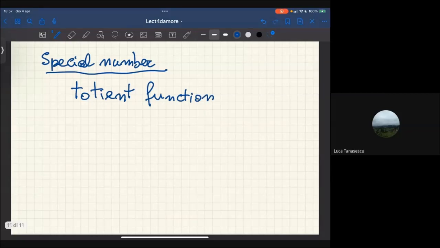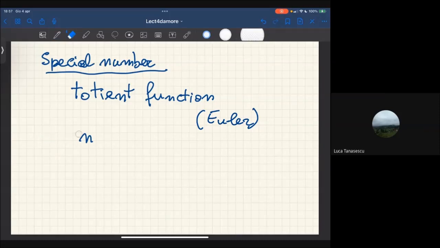It was invented by Euler. And this number is denoted by phi.